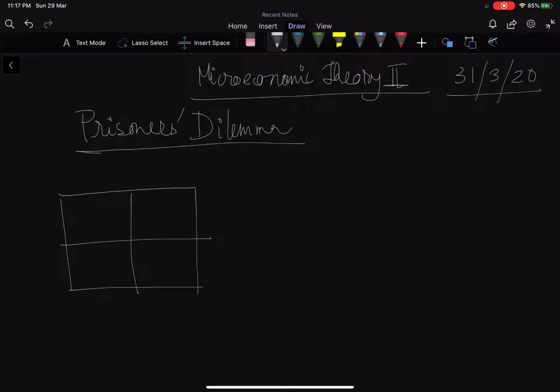So we had two strategies for each prisoner: cooperate, not cooperate, say for prisoner number 2, and for prisoner number 1, cooperate, not cooperate. And the payoffs were, say, 3-3. If player 1 cooperates and player 2 doesn't, then player 1 gets punished, say -2, 5, and similarly 5, -2, and then 0-0, right?